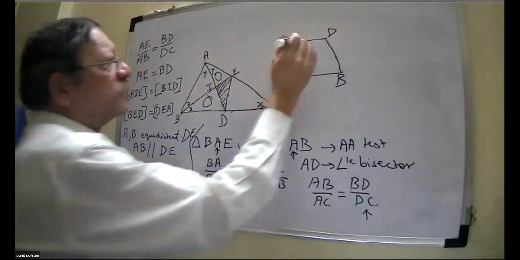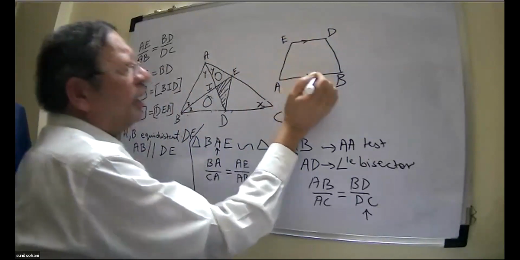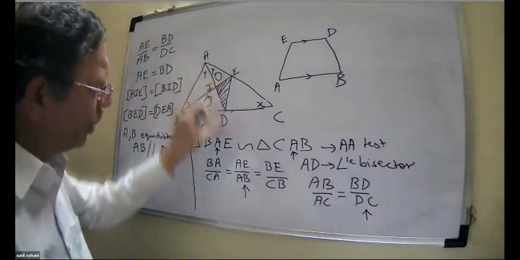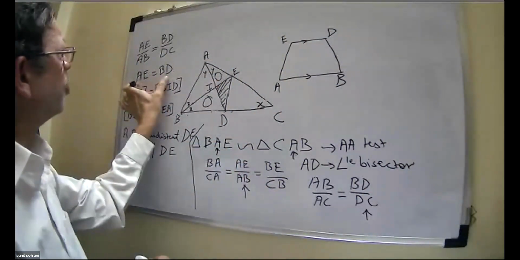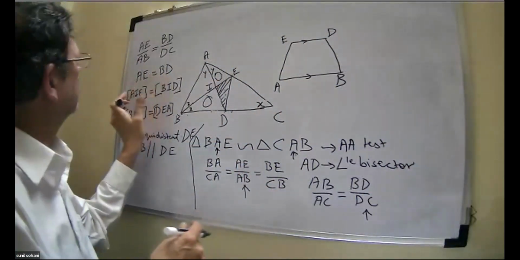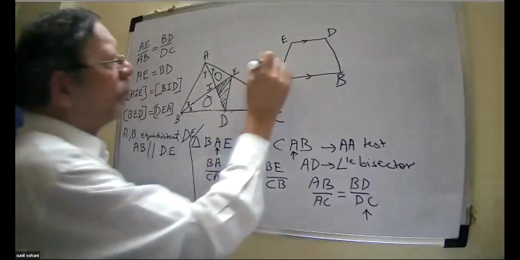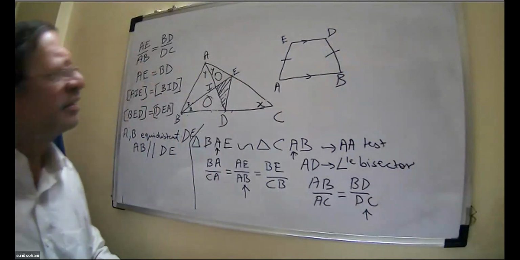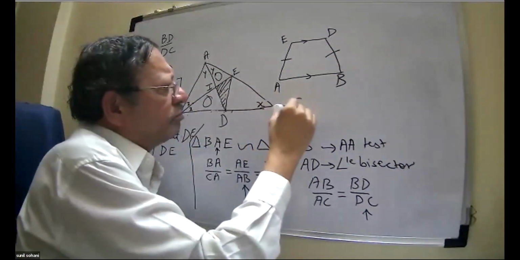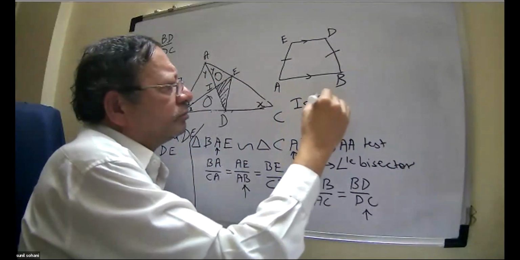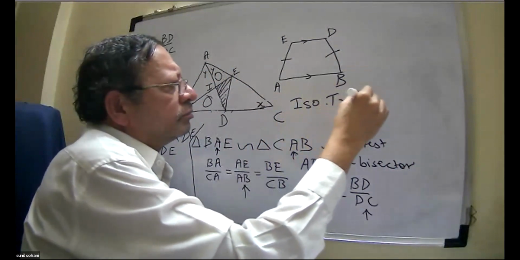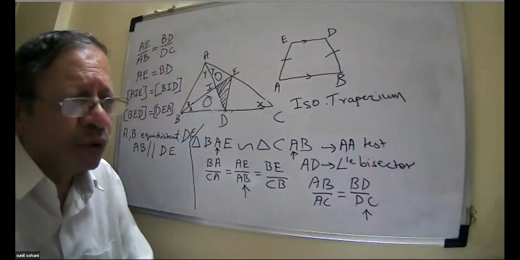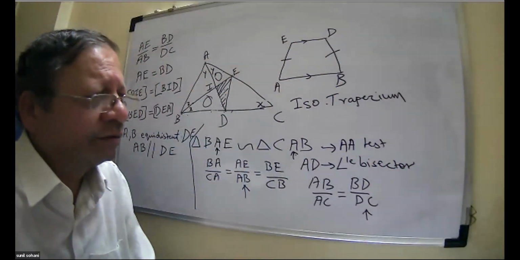I have proved that AB is parallel to DE, or ED, whatever you want to say. And also, during the process, we have proved that AE is equal to BD. So what kind of figure is this? This is an isosceles trapezium. This is our final conclusion to get the answer to the question.